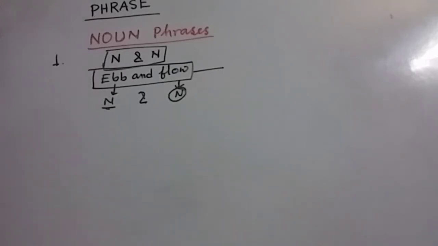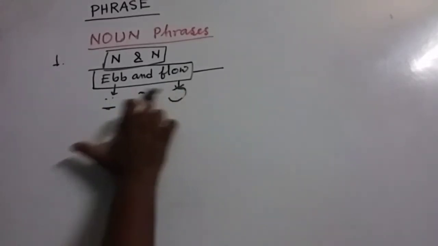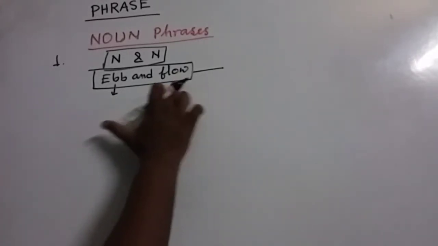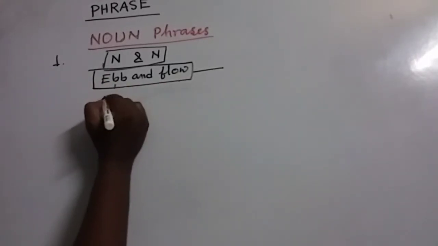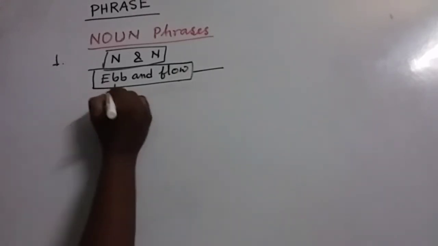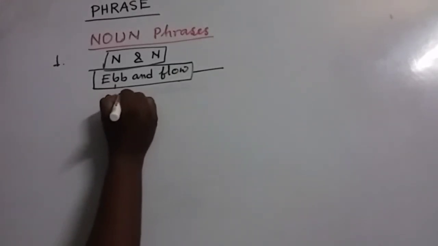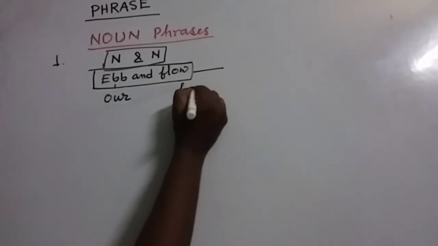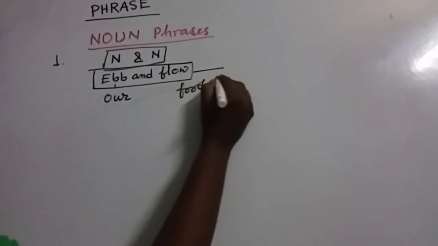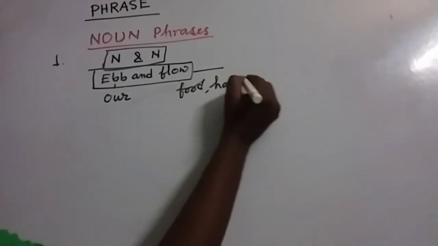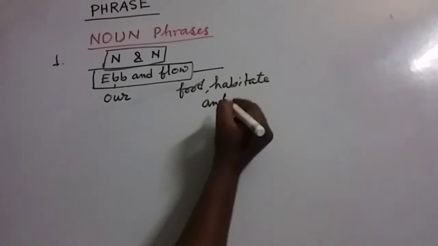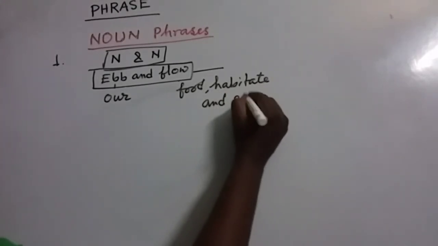I am just going to give you another example. The basic need of human beings, you know it. Suppose we are writing down: our basic need is food, habitat and clothes.